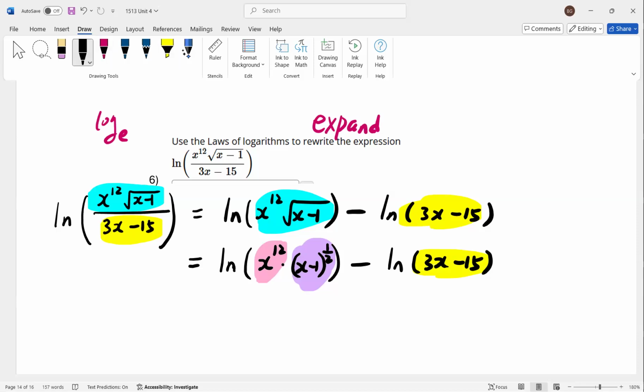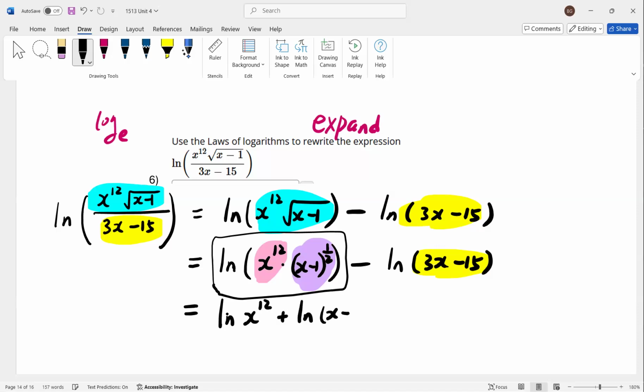Okay, so next step, I'm going to apply the product rule because this log has an argument that is a product. So we are going to use the product rule to expand it. And we're going to have ln of pink plus natural log of the purple. And bring down the last log.